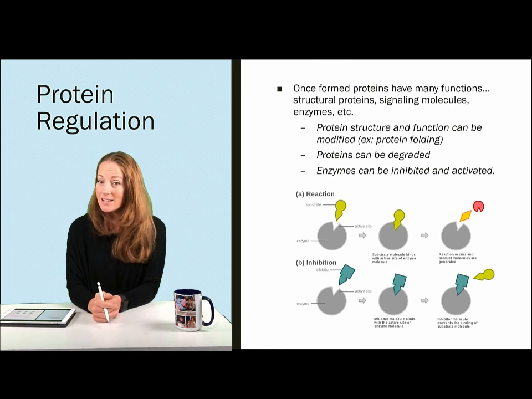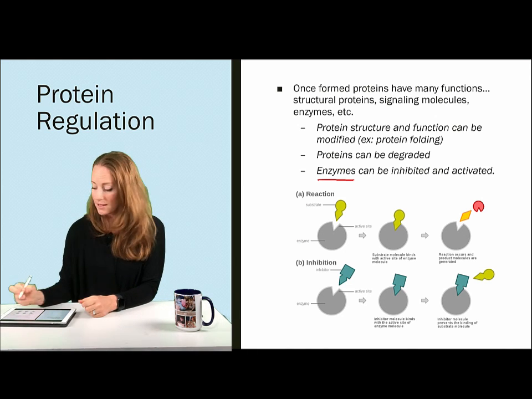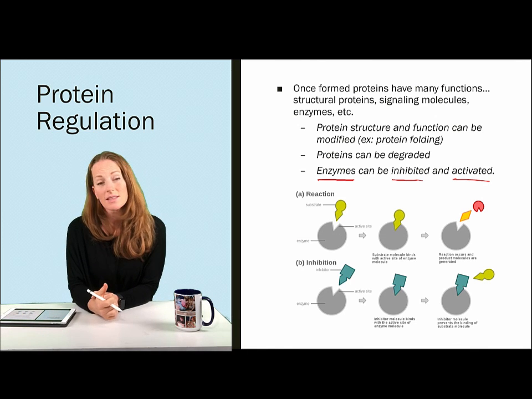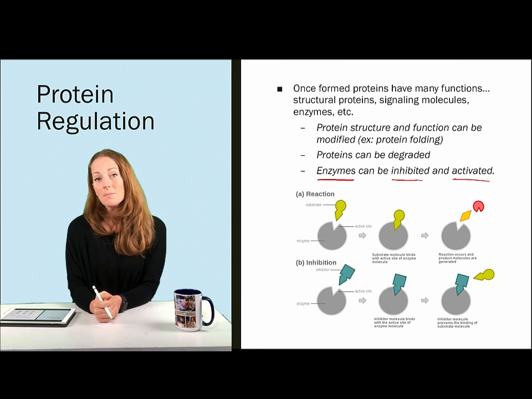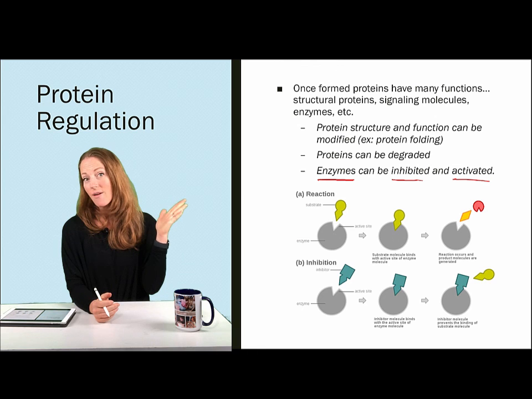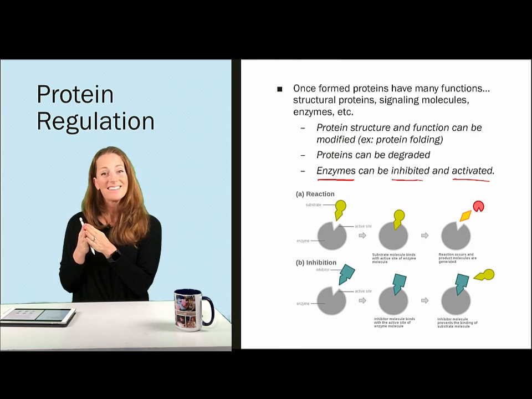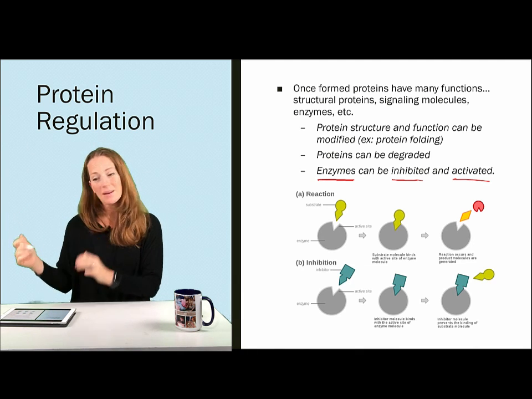And then finally, the activity of, for example, enzymes can be inhibited or activated by various cofactors in the expression of other proteins. So again, gene expression can be regulated all the way from sequencing to translation. And don't forget, all is not lost. You can still modify the protein once it's made.